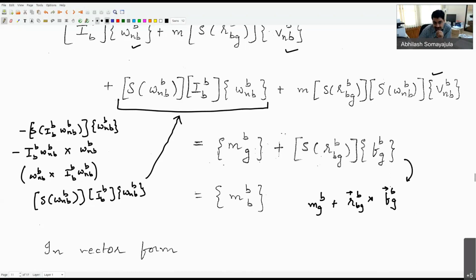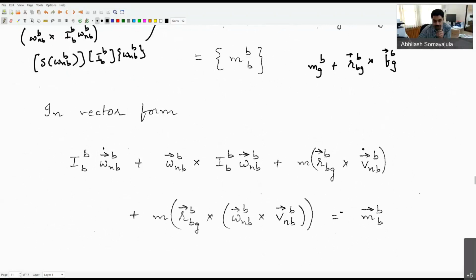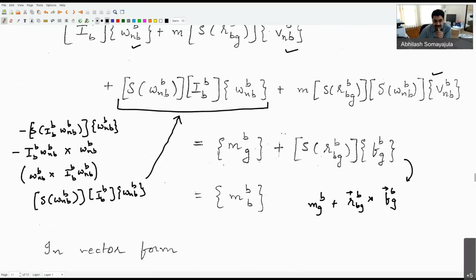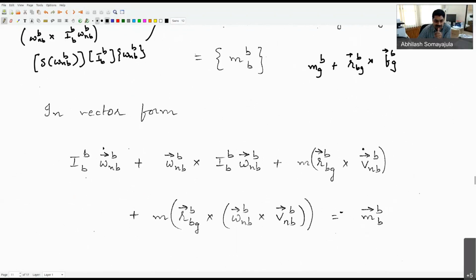Correct? Yes, sir. So in the vector form, if I want to express this entire equation of motion, I can simply say that this will be IBB times omega nB dot.